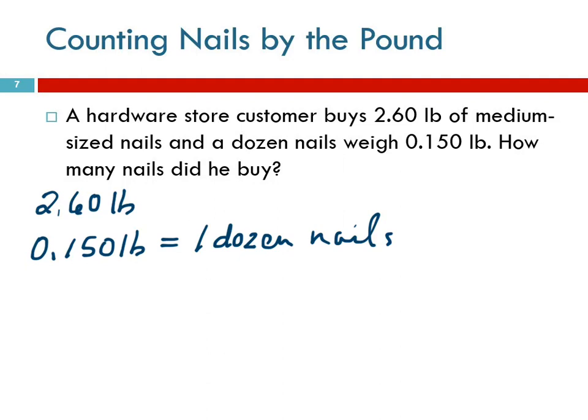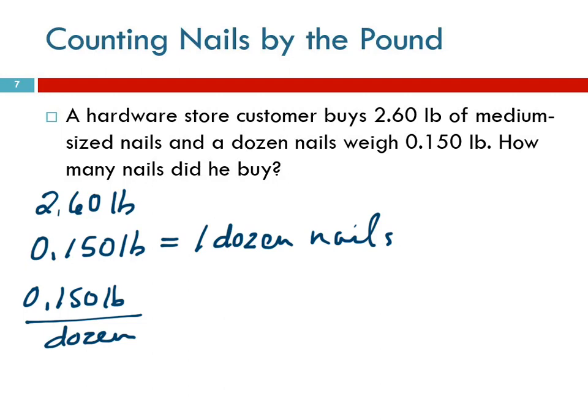Or you could write it's 0.150 pounds per dozen. Does that make sense? This is just everyday life kind of stuff. Pounds and nails, dozens of things.